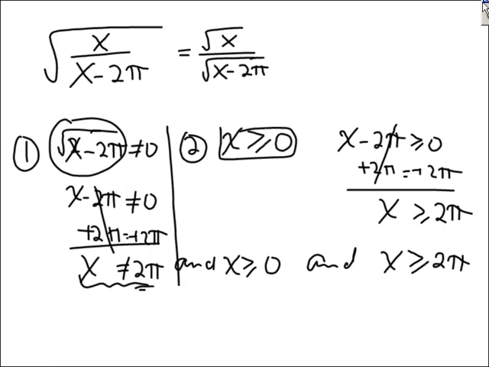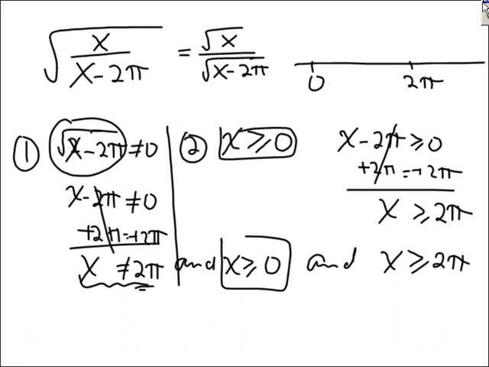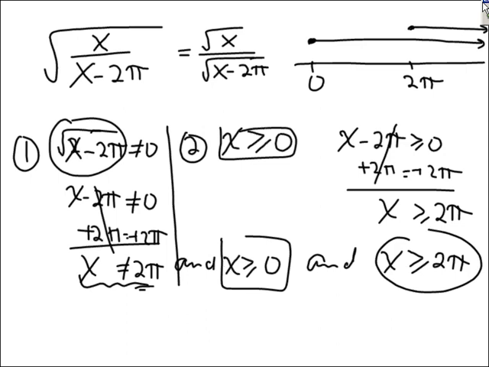Let's graph it. I like 0 and the other number that came up, 2 pi. Let's do this first. x can be 0 and above forever. x can equal 2 pi and above.